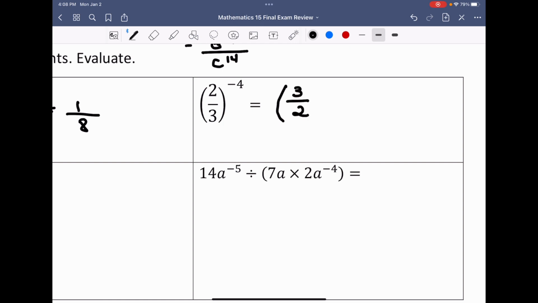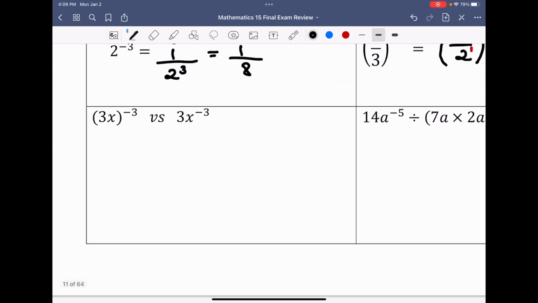I flipped the location of the two numbers that are in the brackets here, and now I can write this as a positive 4, and now I can distribute that to each of the exponents. 3 to the 1 times 4 is 3 to the 4th power, over 2 to the 1 to the 4 is 2 to the 4th power. And then, of course, you could expand this out and get some specific number here, but for just this example, I'm going to leave it at that.